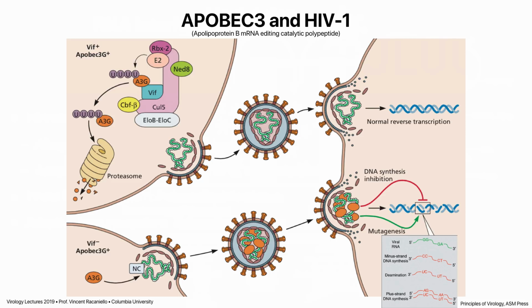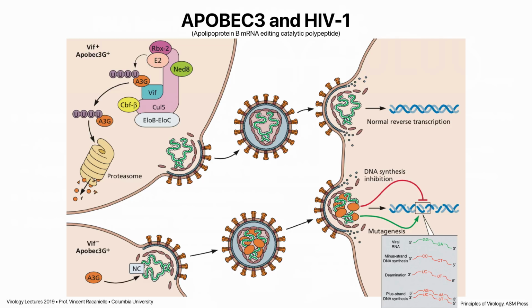There are many different kinds of APOBECs in us, and they have very interesting functions, but one of them has the function of being a deaminase, a cytosine deaminase. What does that mean?